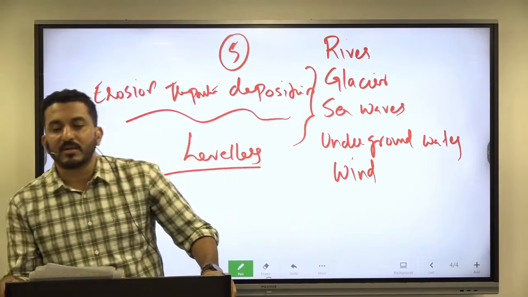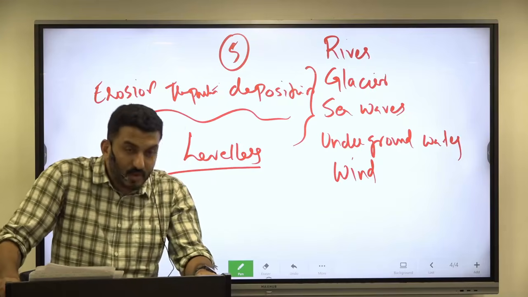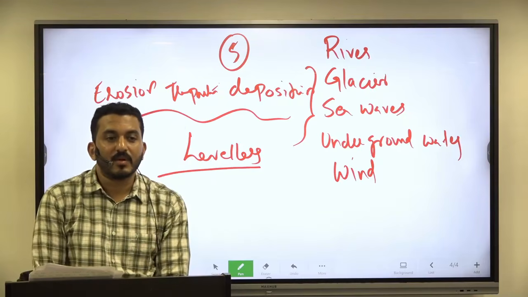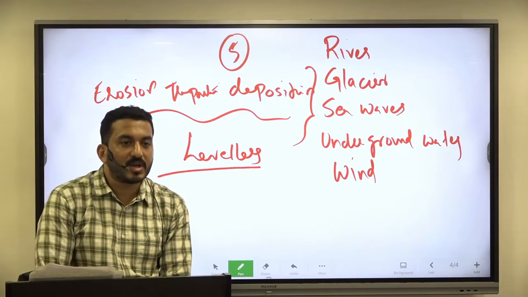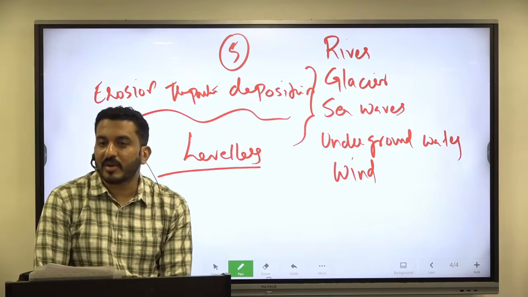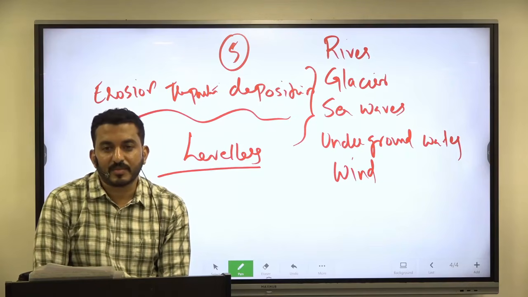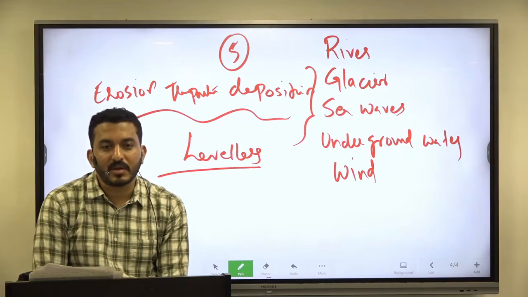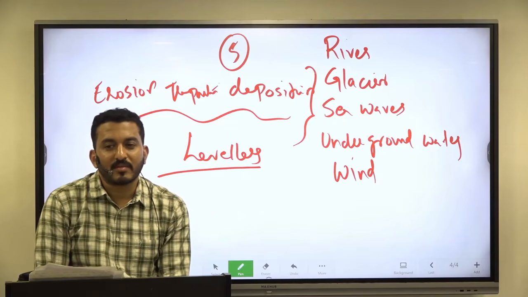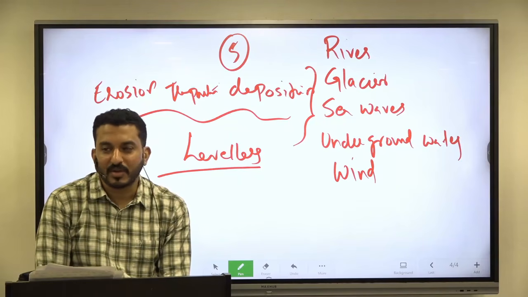I'll give you a practical example. You know Himalayas. All of you have heard about Himalayas, and I think Aravallis also. Which has greater height, Himalayas or Aravallis? Himalayas, definitely.